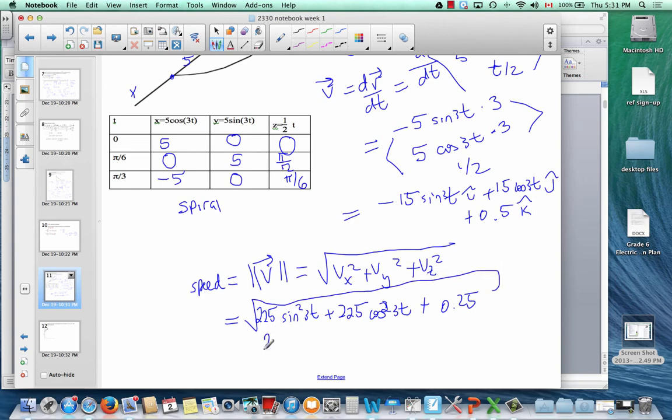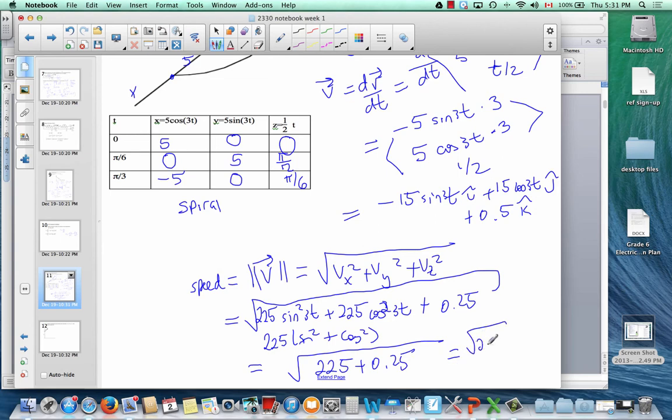Now, we could factor out the 225 here, because both of these have 225. And then that gives us sine squared plus cos squared. I don't even need the 3t. It doesn't matter what the 3t is as long as it's the same, because sine squared plus cos squared is just 1. And that means that underneath the square root, we've got just 225 plus 0.25.